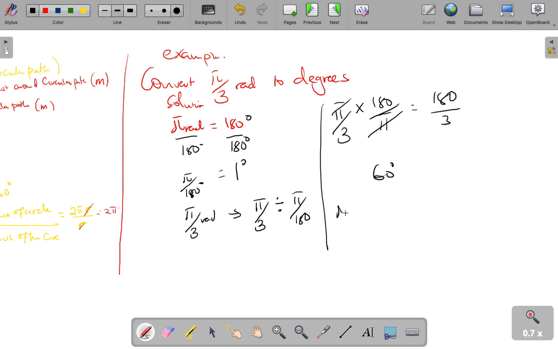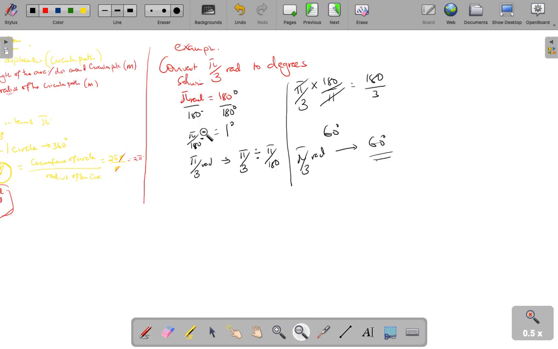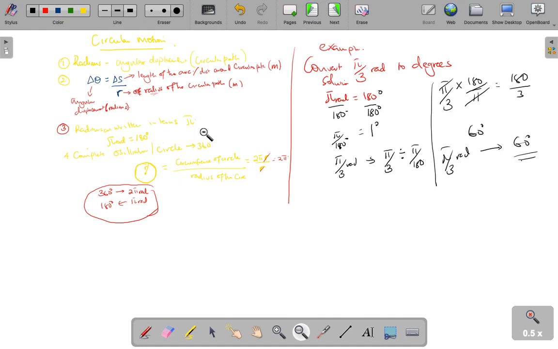So pi over 3 rads gives us 60 degrees. Sometimes you can do this in your mind, but sometimes the working is required. We have learned about the unit of angular displacement, and the conversion from radians to degrees and from degrees to radians.